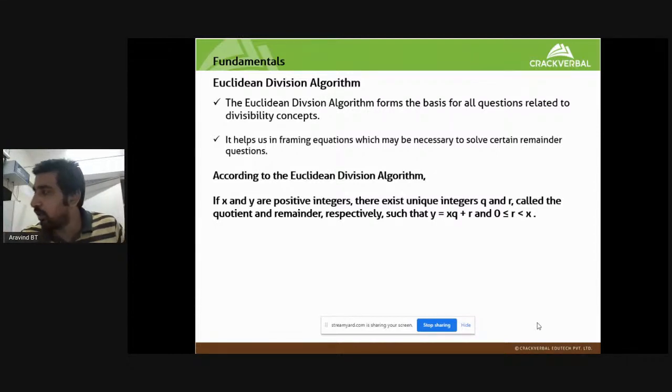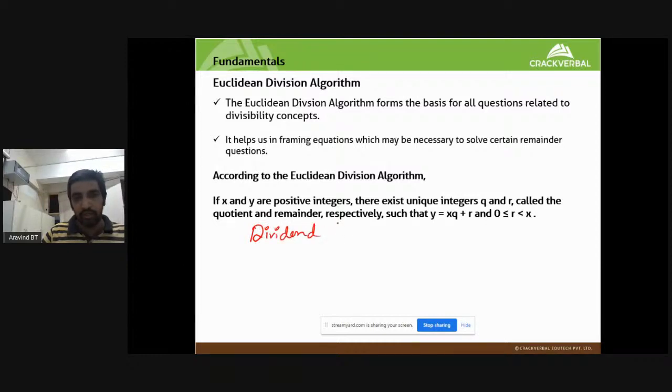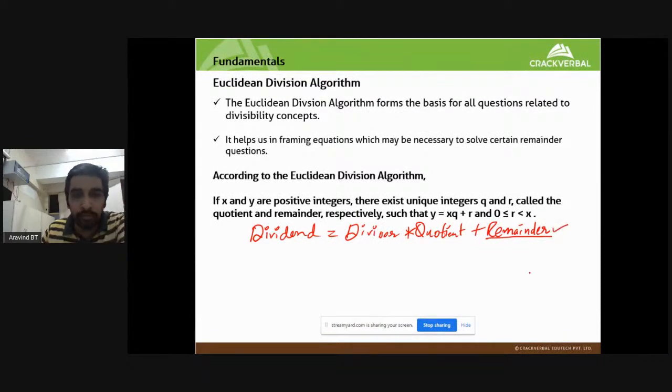So what does the division algorithm say? It says dividend equals divisor multiplied by quotient plus the remainder. And this is the component that we are supposed to find out in all remainder questions.